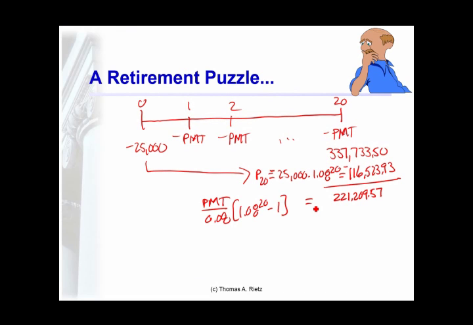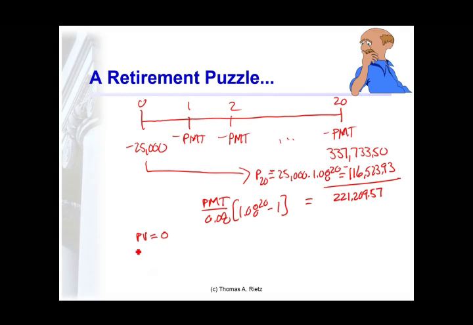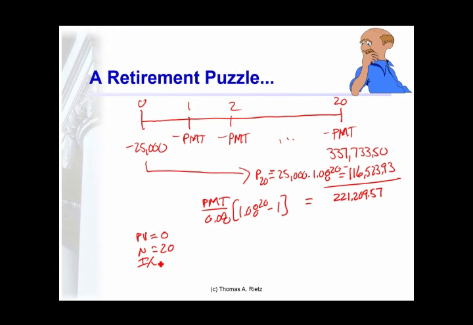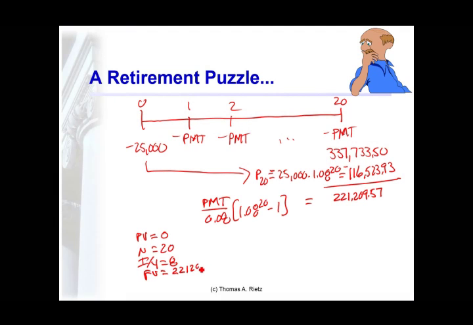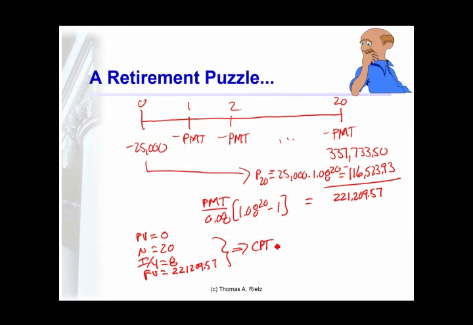Fair enough? But this again is perfect for your calculator. Present value, I've already accounted for the present value, so I don't want to account for it twice. N 20, interest 8%, and I need a future value here. I want to have 221,209.57. I'm going to compute what?